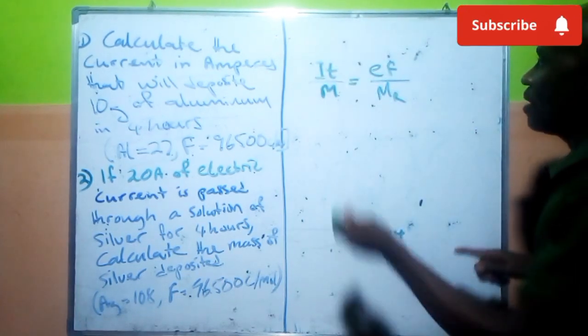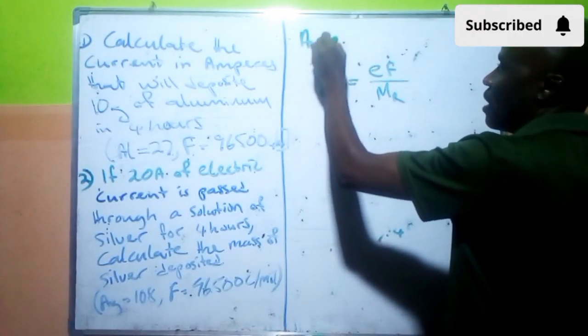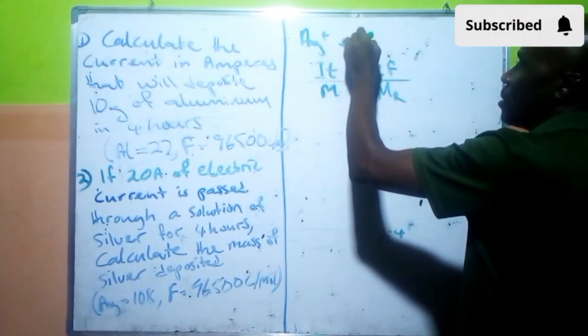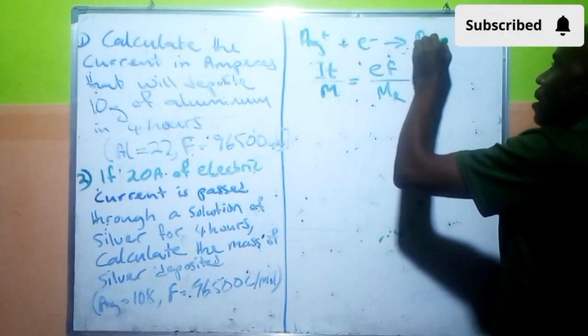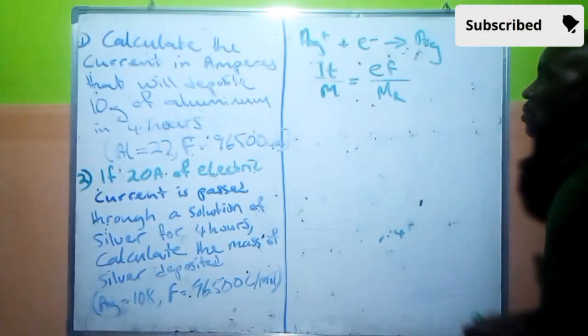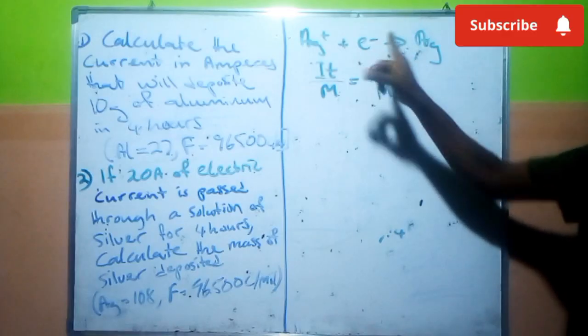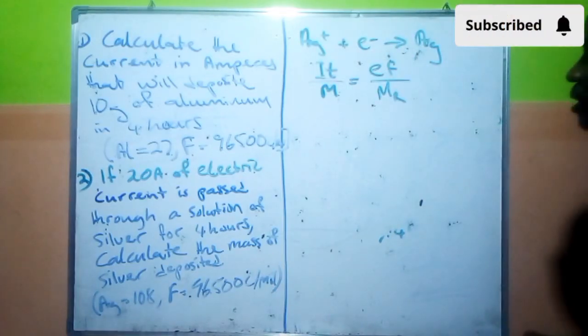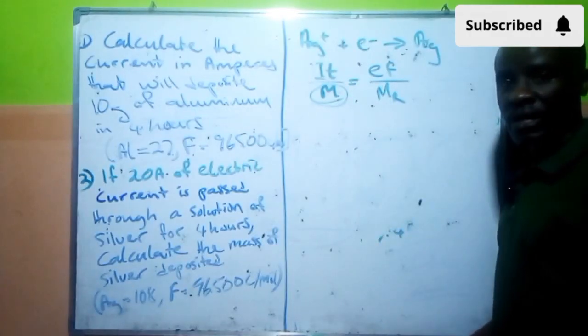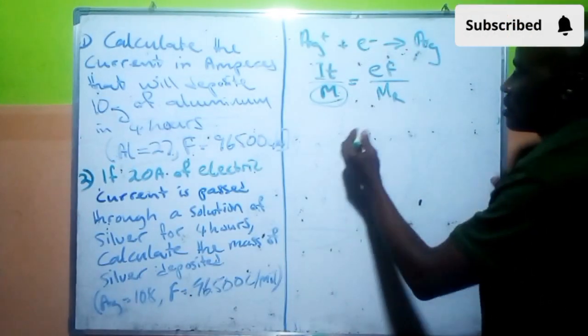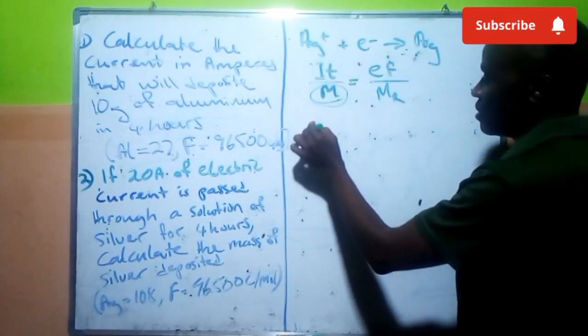Now for silver, we have Ag+ plus e- gives silver metal, which means silver needs 1 electron. Now we are looking at the mass that will be deposited. So let's look at how we're going to arrange this formula.